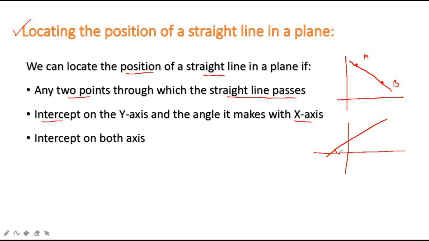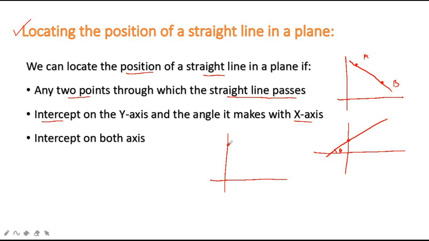If the angle which the straight line makes with the x-axis is given and also the intercept on the y-axis is given, then we can establish the equation of the straight line and locate it in a plane accordingly. Also, we can locate the position of a straight line in a plane if the intercepts on both axes are given.